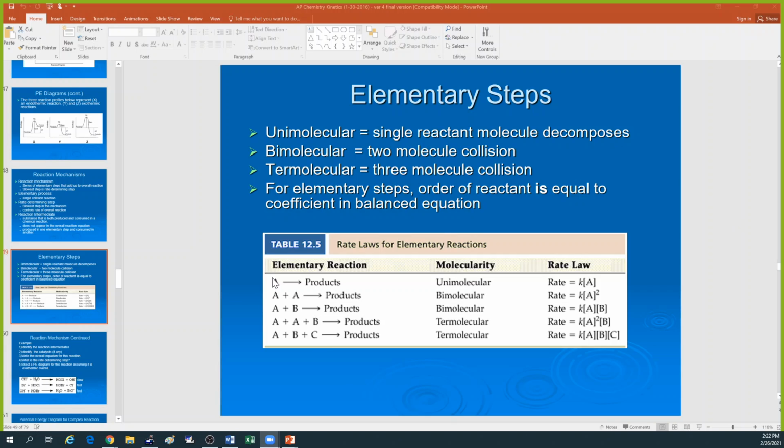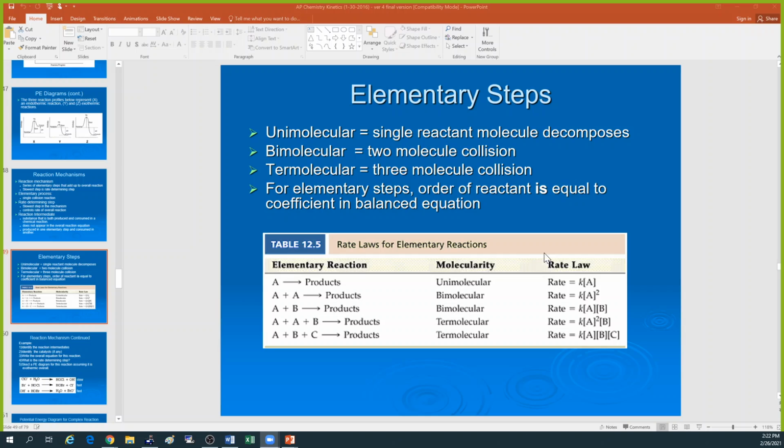It should make sense that that's a first order rate law, because if I have a million of these molecules and they're breaking at a certain rate, it stands to reason that if I had 2 million, they're going to break at twice the rate because there's twice as many, right? Because there's really nothing else going on.